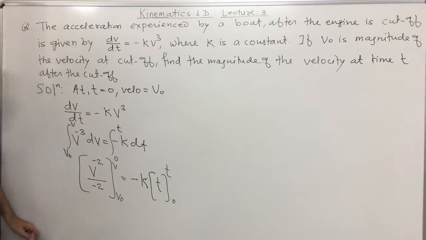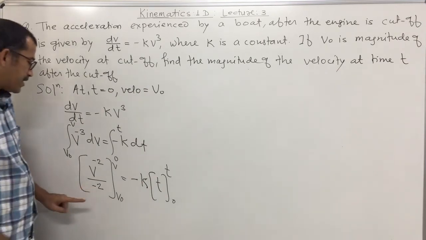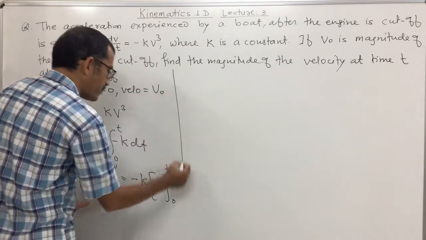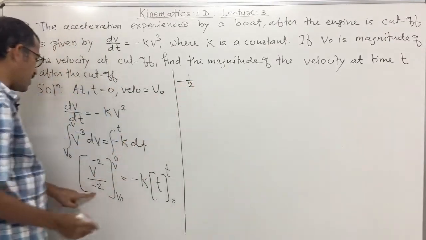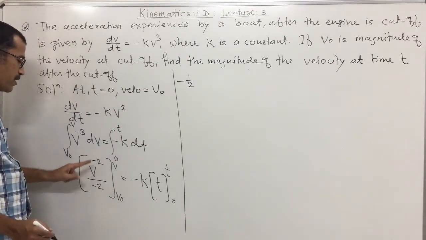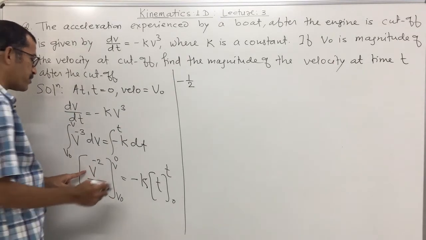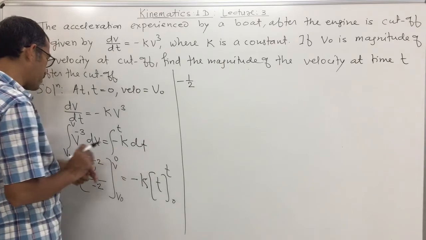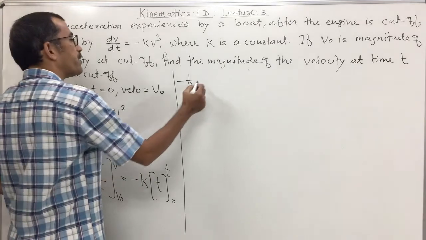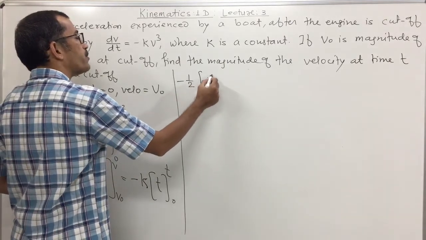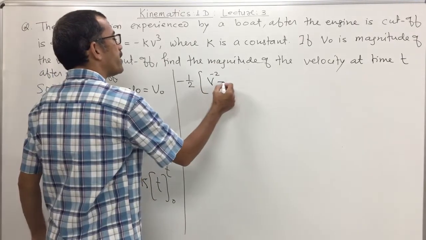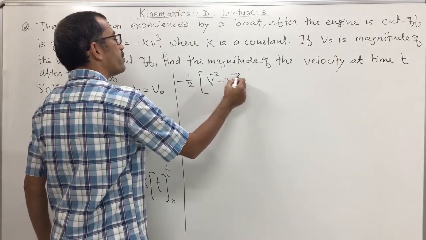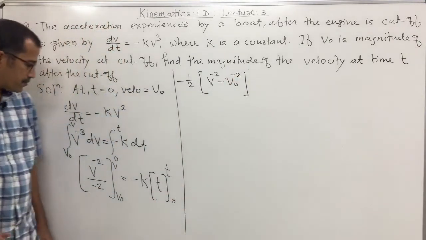Now here if I write it like this, I'll take minus half common. Now v raised to minus 2, substituting the upper limit, we get v raised to minus 2, and the lower limit gives minus v naught raised to minus 2, correct.